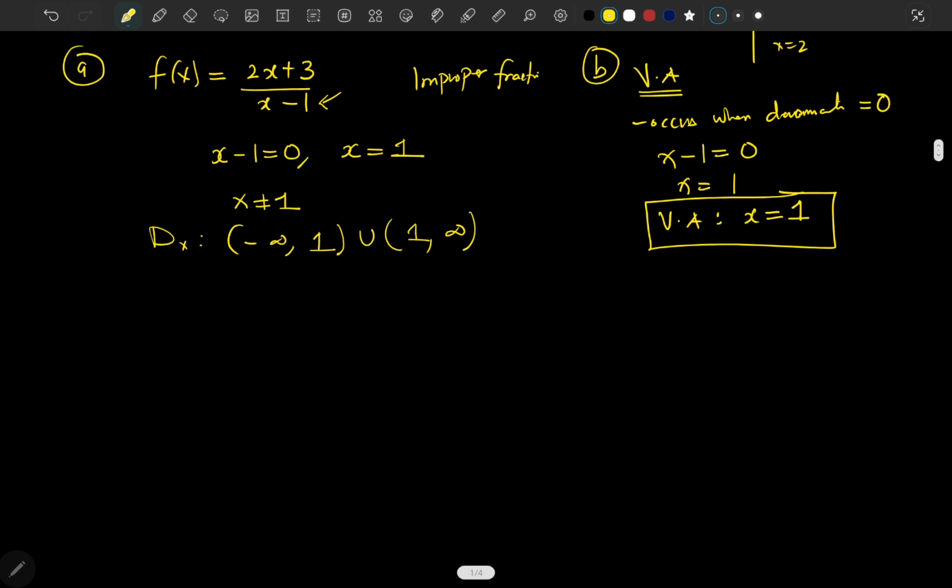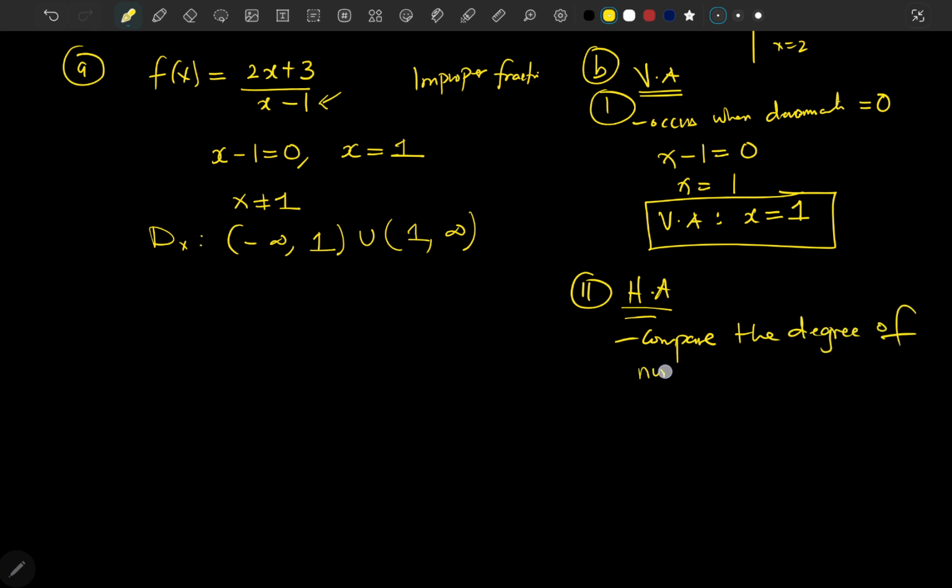Then how do we find the horizontal asymptote? All right. For the horizontal asymptote, in such a case, just compare the degree of the numerator and the degree of the denominator.